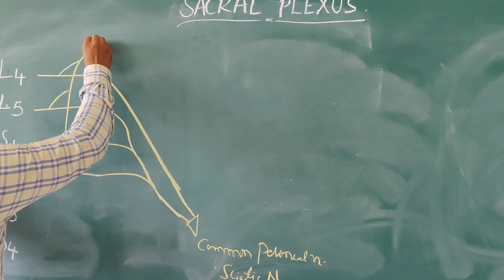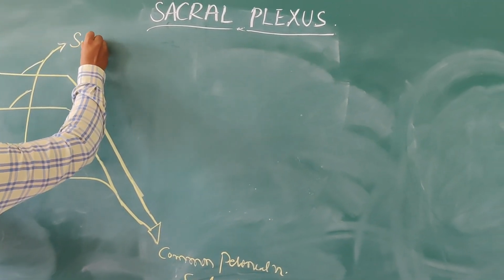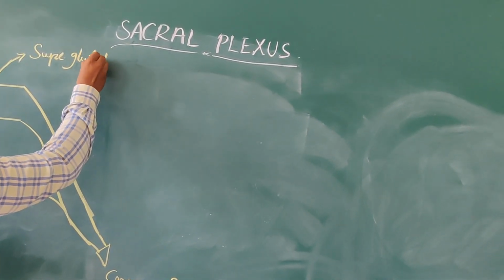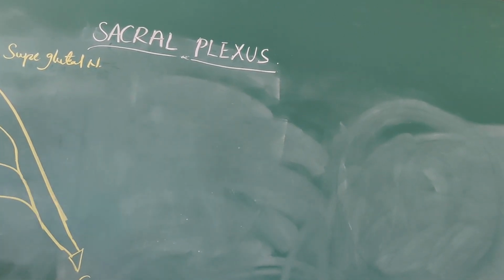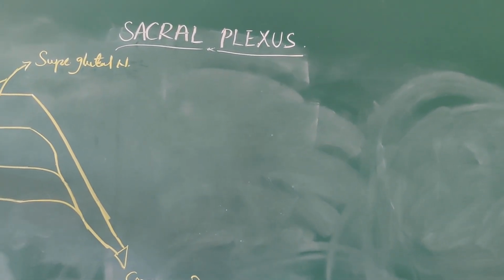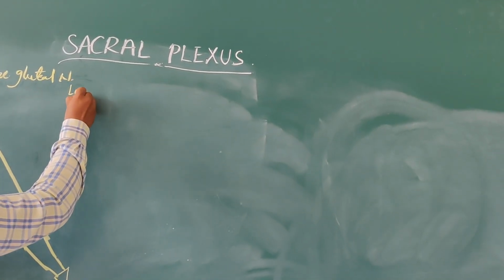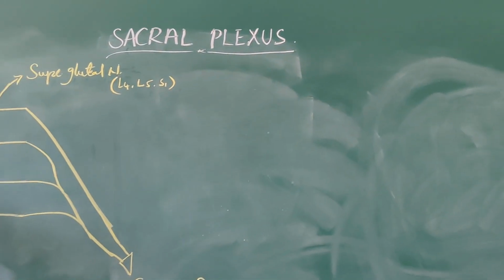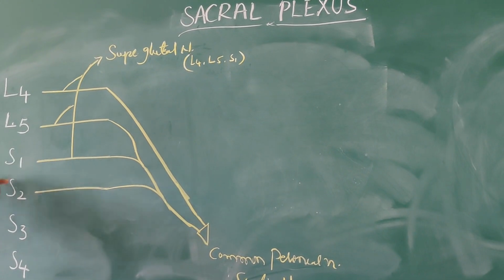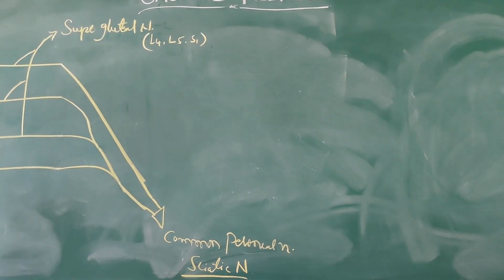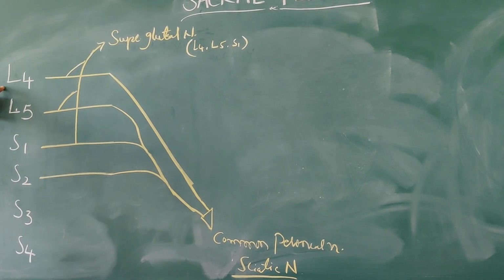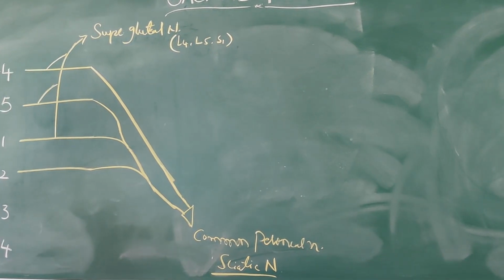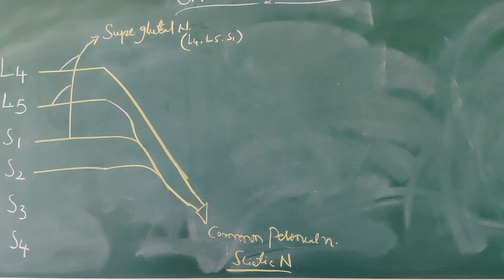What is the root value of the superior gluteal nerve? L4, L5 and S1. So the posterior divisions of L4, L5, S1, S2 unite to form the common peroneal nerve, which is a part of the sciatic nerve, and the posterior divisions of L4, L5, S1 give rise to the superior gluteal nerve.